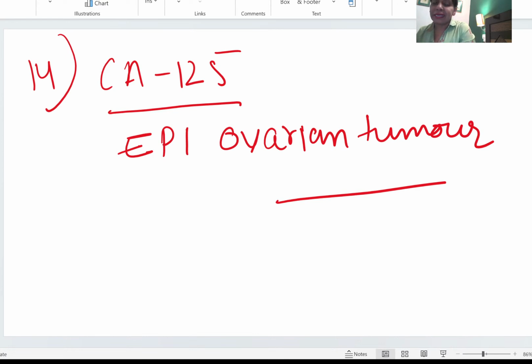Is it clear to you? Please improve this concept. CA 125 is a tumor marker for epithelial ovarian tumors, not for germ cell tumors, not for granulosa cell tumors, not for sex cord tumors. Yes, it is also elevated in endometriosis and PID. Is it clear?